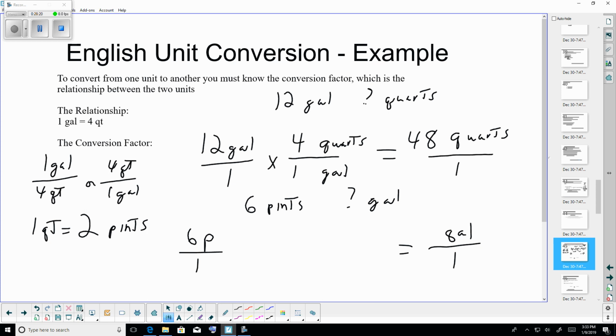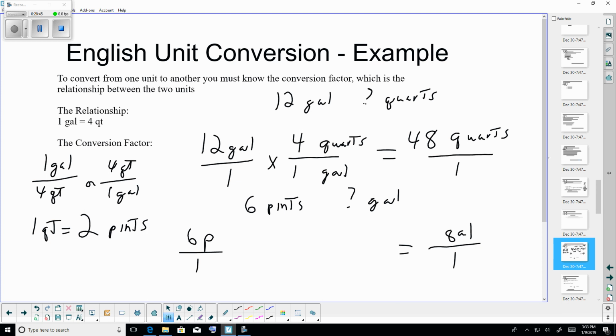Do I have a conversion factor between pints and gallons? I don't. I have one between pints and quarts. Yeah, exactly. I can go from pints to quarts, and I can go from quarts to gallons, because those are the relationships I know.